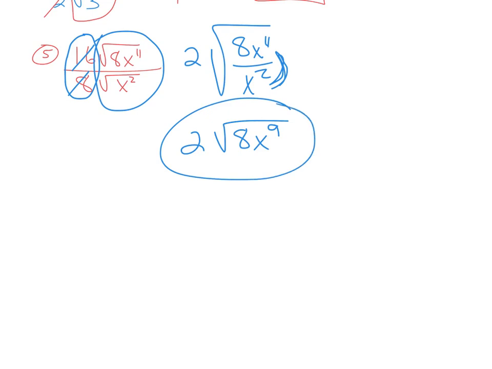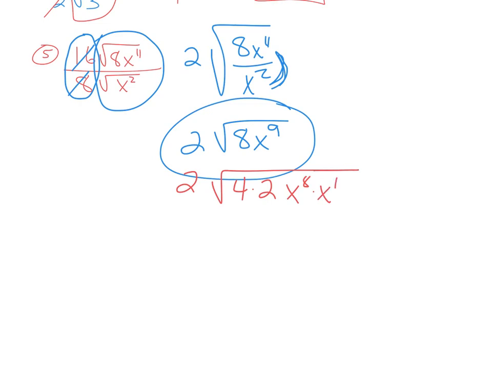Not our final answer, our almost final answer, because we can still simplify this even more, just like we did the other day. Because the 8 can be simplified. So I can have, because 8 is 4 times 2, x to the 9th is x to the 8th times x to the 1st.